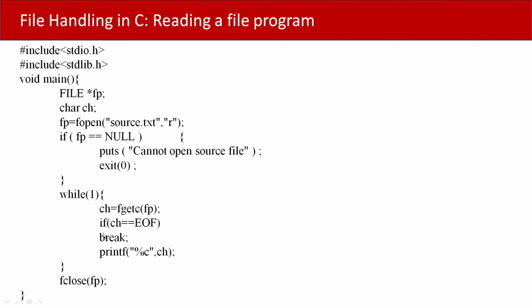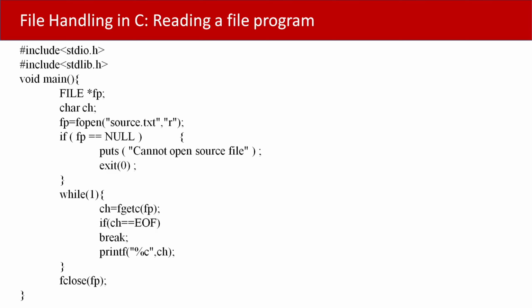So now we will read the character. It is in a while loop, fgetc(fp). This file is open now, and the pointer fp is pointing to the source.txt file. Now getc will read a character from the file and store it in ch. When the file pointer is pointing to the start of the file, the getc function fetches each character from the file one after another and stores it in ch.